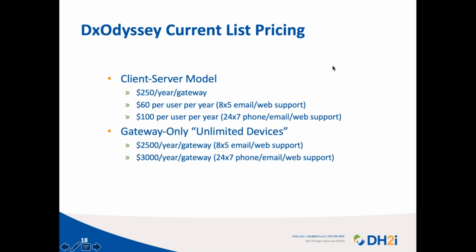And then for the 24/7, including phone, that takes you up to $3,000 per year per gateway. So all in all, pretty affordable, really, when you look at it. Set up some gateways and do so without a VPN. It's a pretty reasonable cost for what you get.